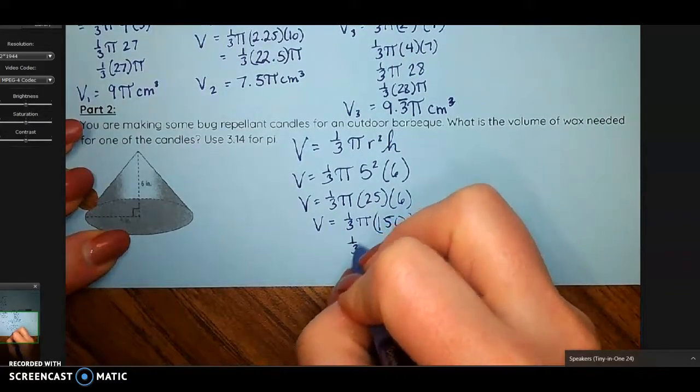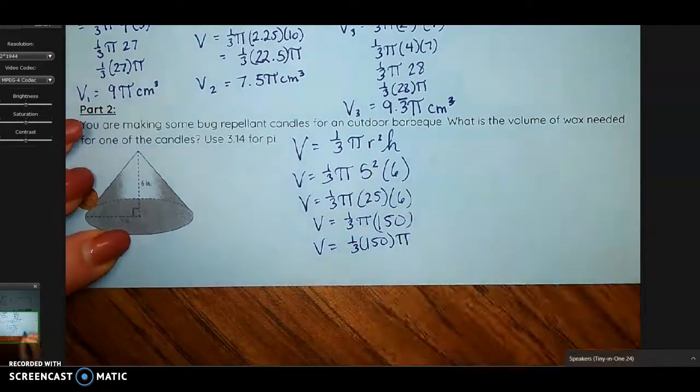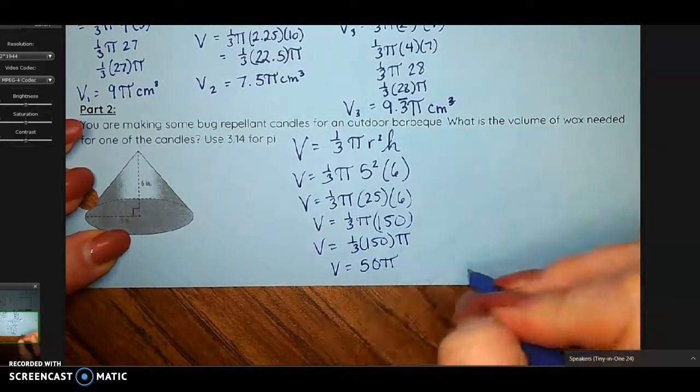And then 1/3 times 150, that commutative property there. And our volume is 50 pi.